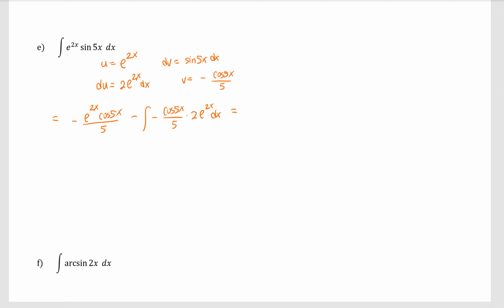Let's simplify it. So minus e to the 2x cosine 5x over 5. Minus becomes plus, and we get 2 over 5 times the integral of e to the 2x cosine 5x dx.